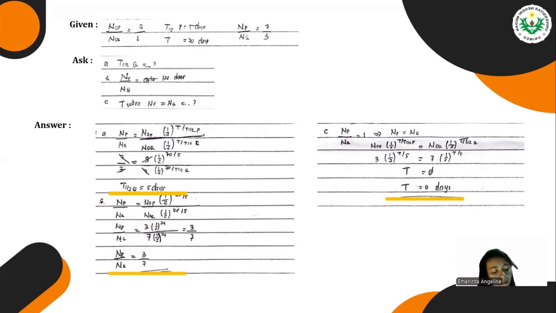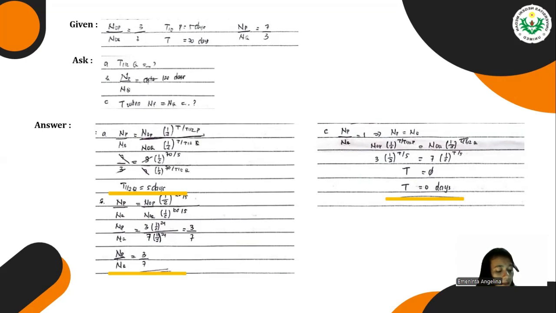The half-life of P is about 5 days and T is 70 days, where the ratio of N_P over N_Q is equal to 7 over 3. The problem asks: A. Half-time of Q. B. N_P over N_Q after 120 days. And C. T when N_P is equal to N_Q.